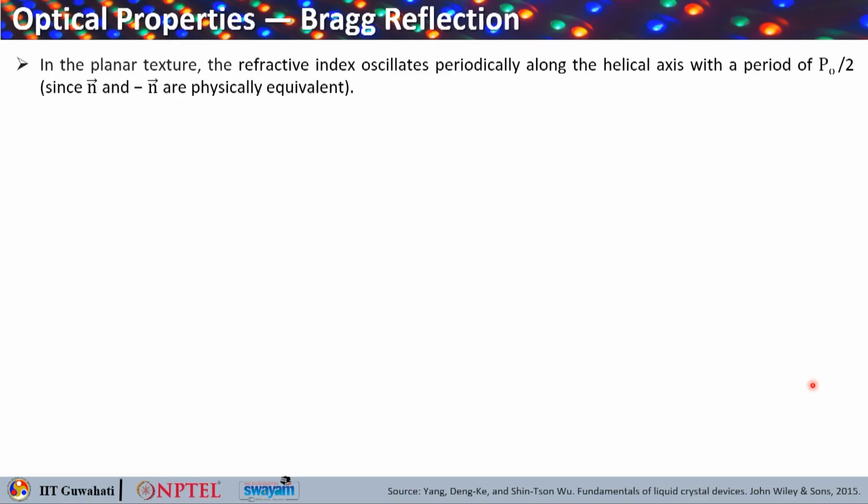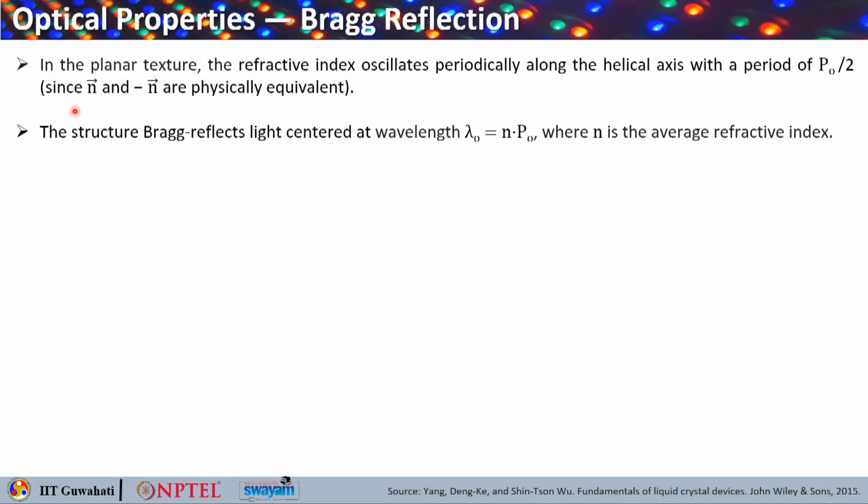Now, what are the optical properties involved here? In the planar structure, the refractive index oscillates periodically along the helical axis with a period of p0 by 2, and you can see that n and minus n are physically equivalent, meaning the director position and the opposite of the director position are physically the same thing.